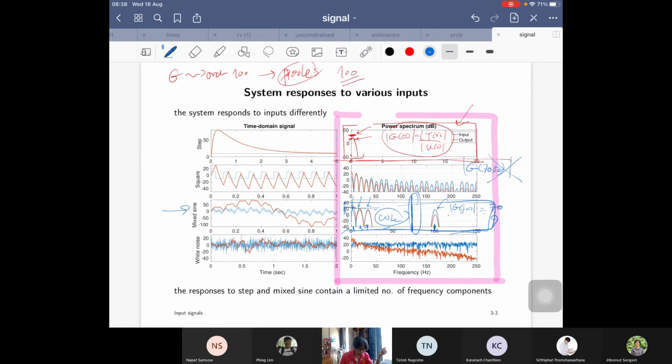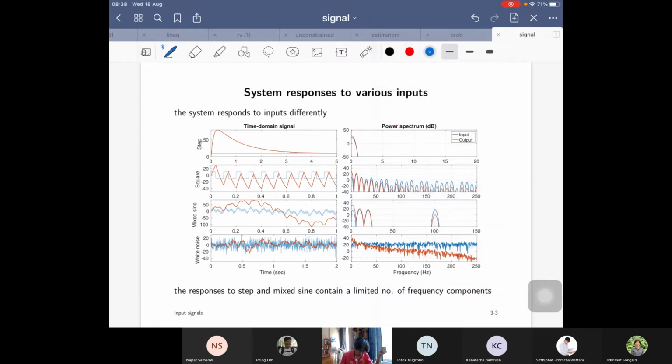Okay, how about the white noise? White noise has a flat spectrum, and a flat spectrum means it contains a constant power across frequencies. So it can stimulate the system at all frequencies, and that's why you can get the response of the output at all frequencies.